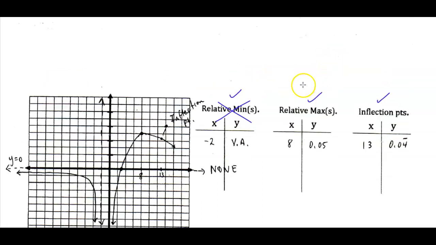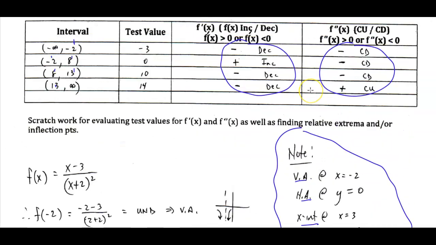But our relative max, if we go back up here at x equals 8, notice here, and I'm going to switch colors. So notice here that at x equals 8, what happens is we go from increasing to decreasing. So we go from having positive tangent line slopes to negative tangent line slopes. So that lets us know we have a local or relative max here.